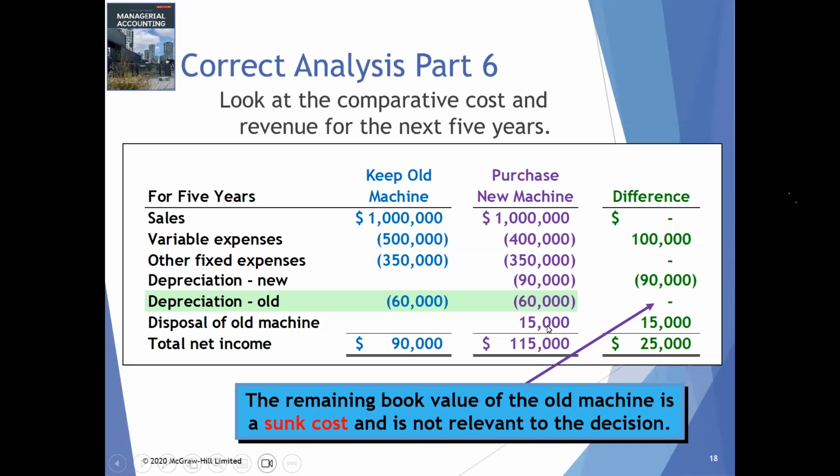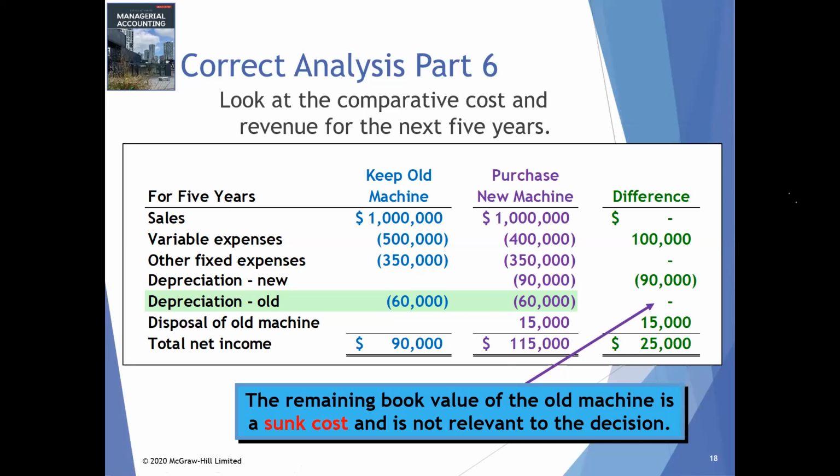And $15,000 is the disposal of the old machinery that we will have as a profit. So $15,000 that we will save, 100,000 that we will save, and 90,000, the value of the asset which is depreciated, and the remaining is 25,000. In this way, either you go this way or this way, the answer will remain the same.